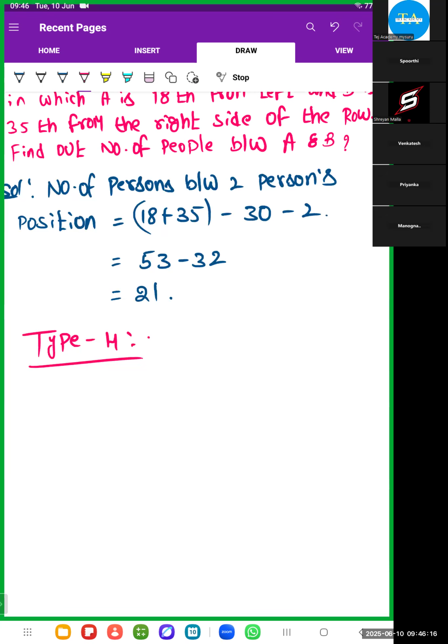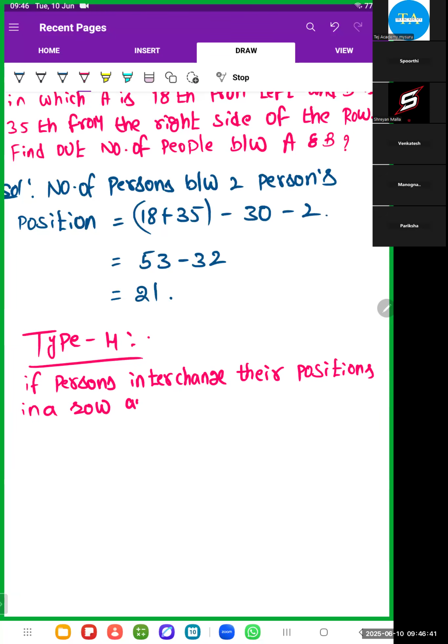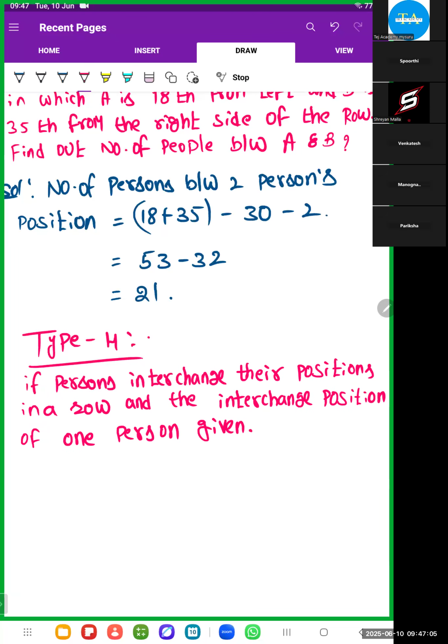Okay, so type 4: if persons interchange their positions in a row, and the interchanged position of one person is given.